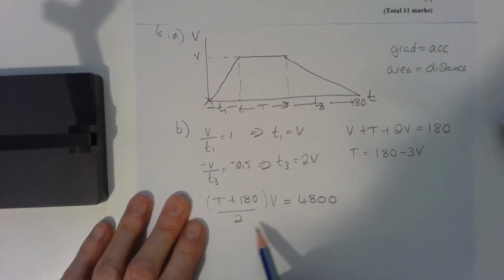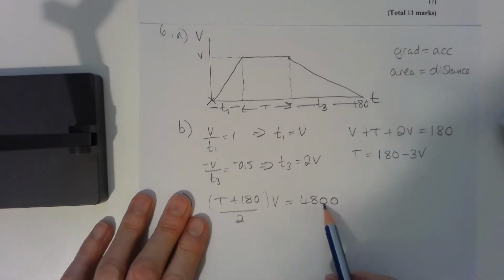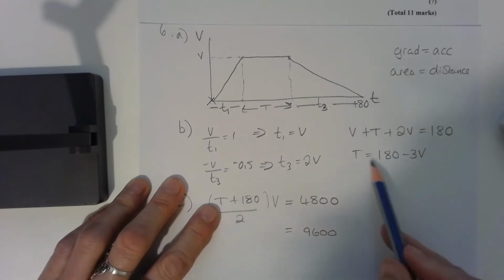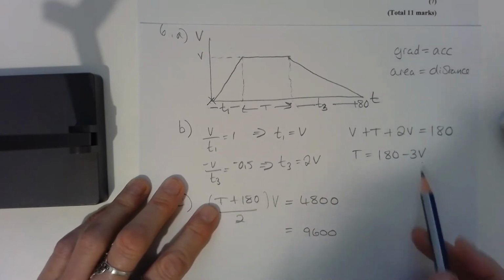So I'm going to multiply both sides of the equation by 2, making this 9,600, and also substitute in for t, 180 minus 3v.